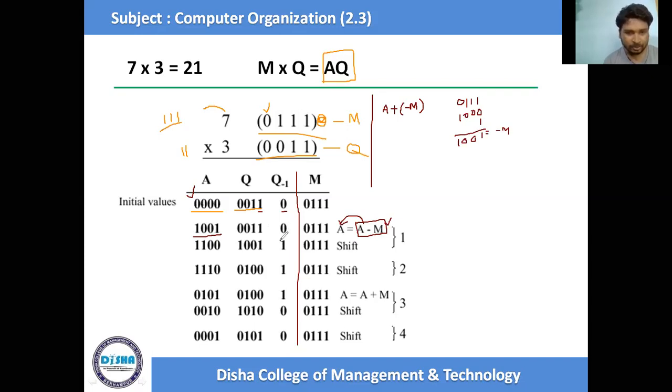This one will come to this position. Then this bit is right shifted to this location, and this one will come to this position, this will come to this position, this one will come to here, then 0, then 0.